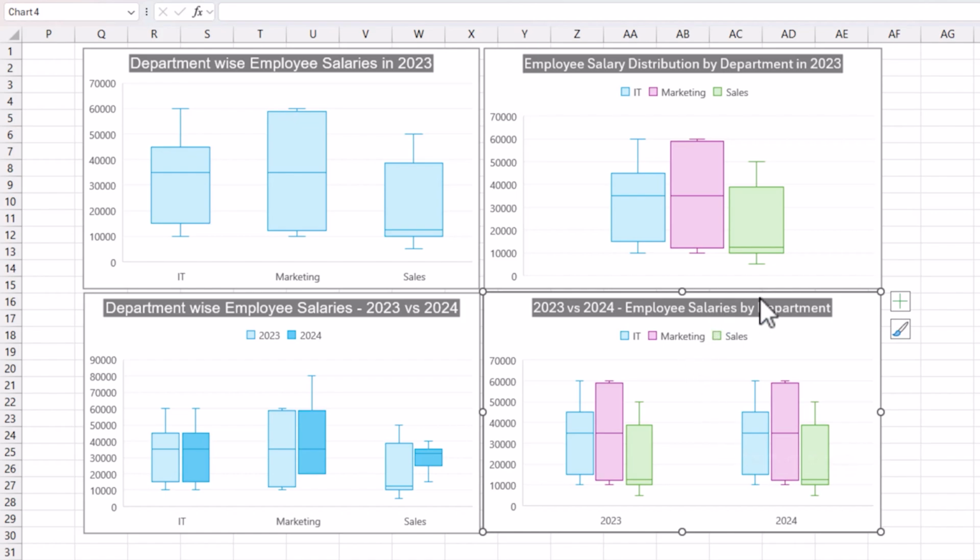So the difference between this one and the one on the bottom left is that here the x-axis represents a department, and then the two series are two different years. Whereas here on the bottom right, the x-axis represents the year, and then each series represents a different department, and we have three series. So these are some different flavors. Again, they will have some similarities when we develop them. We're going to build all these right now from scratch.